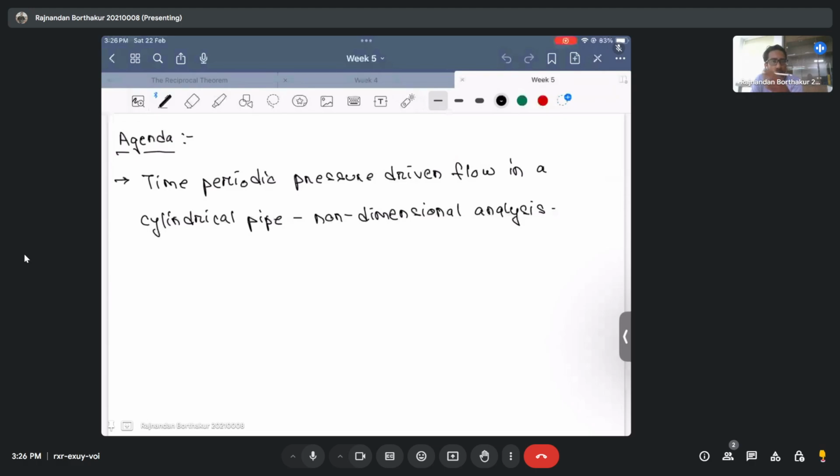You will see that by the end of this class, and in the subsequent classes as well, that the power of non-dimensional variables is profound.